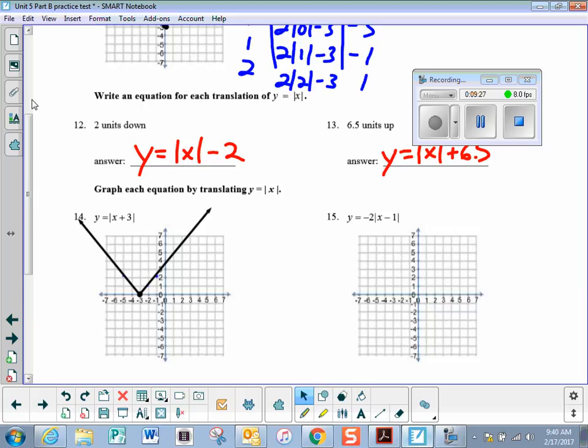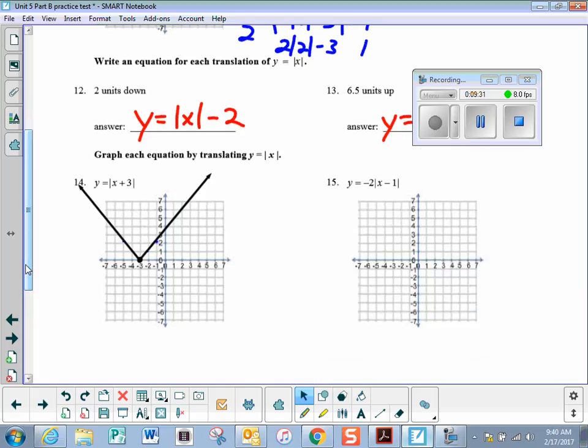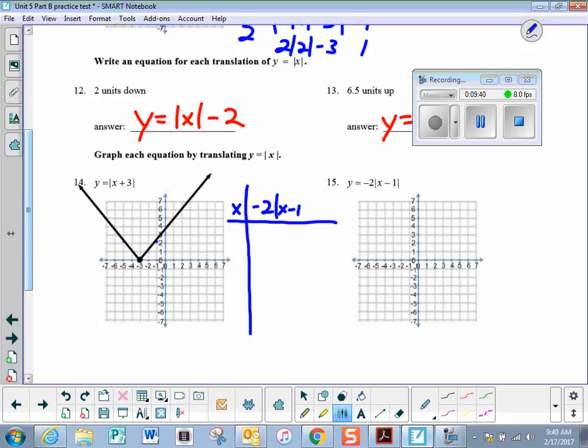Okay? This one, again, this will be a good time to make a table. I know it's going to open upside down. I'm going to make 1 my middle number because that's going to give me 0. So I'm going to go 1, 0, -1, 2, 3.